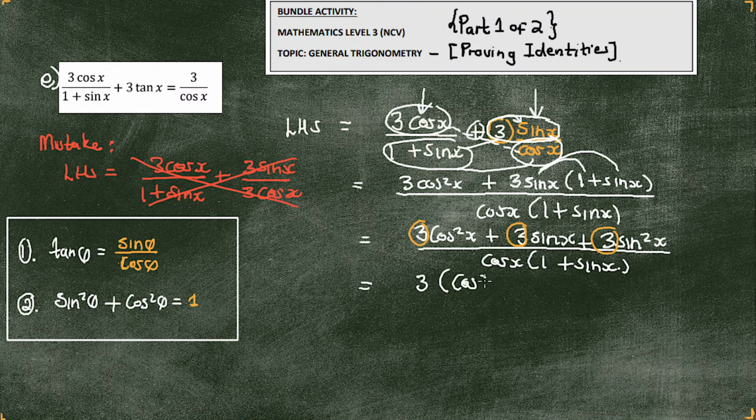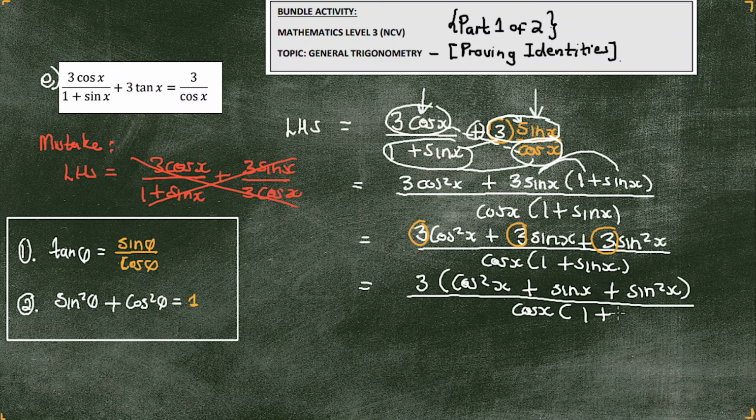So the easiest thing to do here is actually taking out a common factor of 3. Sine squared x over cos x. Do you see it? Can you see it? I see it. This, when combined with that, gives us a 1. That's an identity. Okay? I'm now left with a 3, 1 plus sine x.